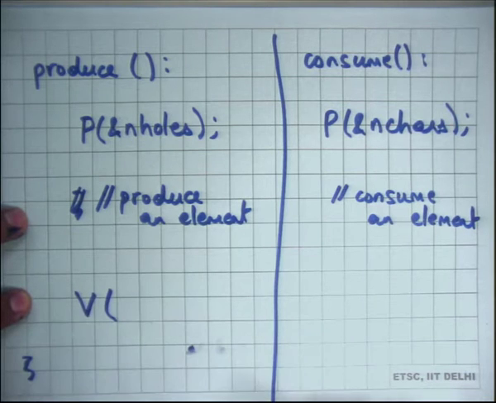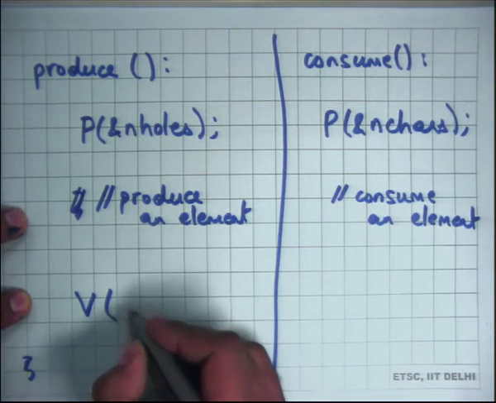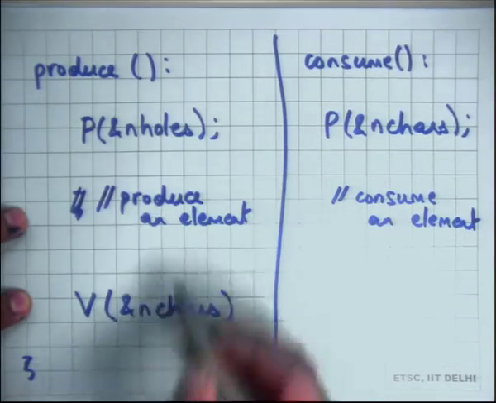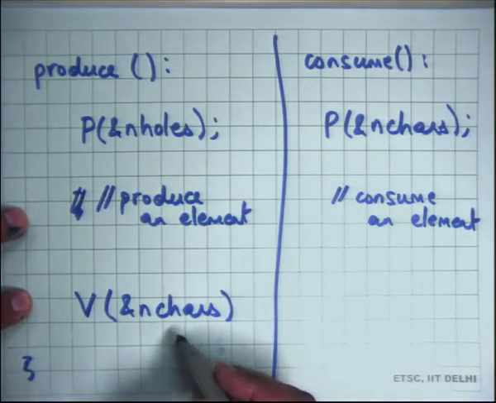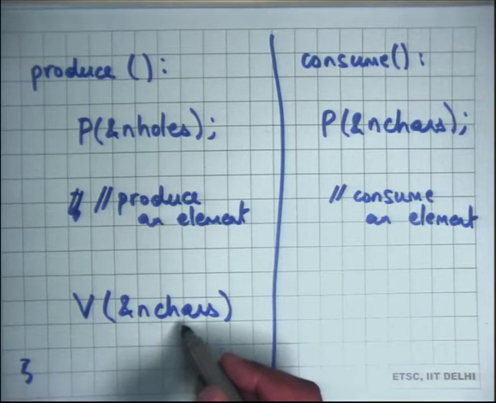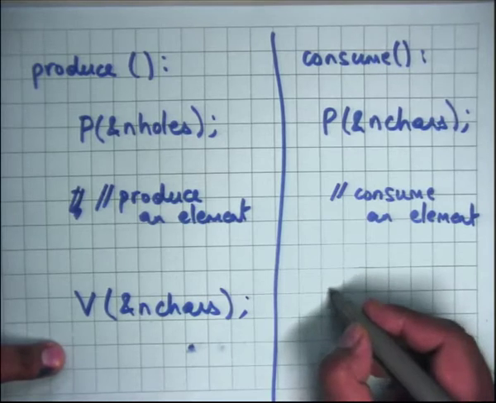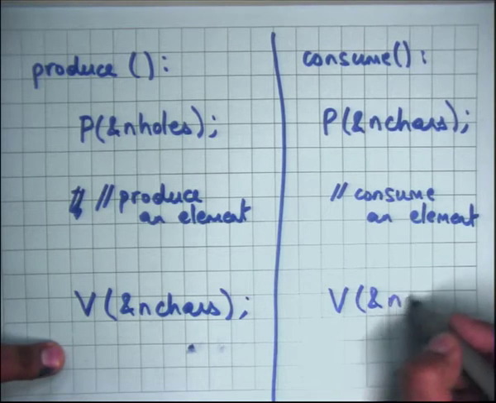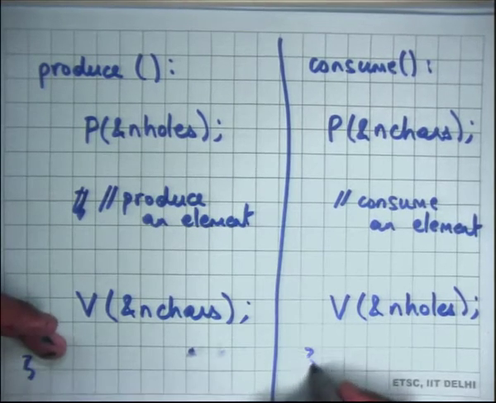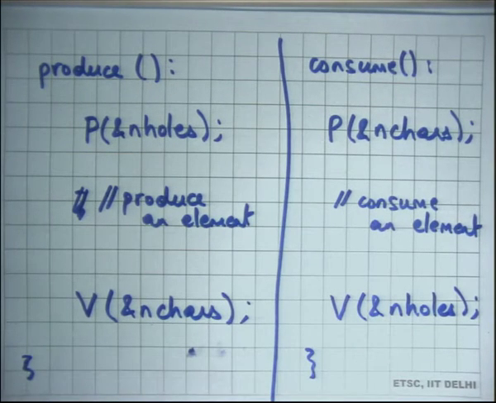What will I increment? N chars, right? You decrement n holes before, you increment n chars after, because at this point you have added a character, and similarly you can increment n holes here. That's it, right?